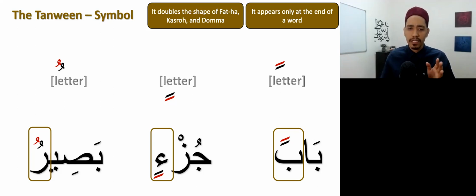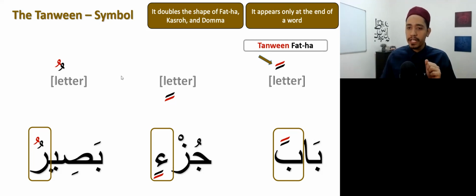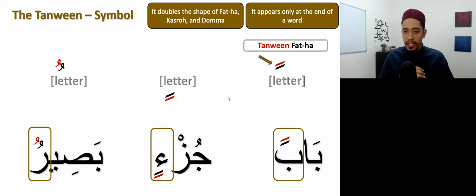So let's see what this nunation means. There we can see the fatha is doubled. Let's give it some names. This one over here, where the arrow is pointed, is called a Tanween fatha. Tanween is what this extra shape is called.